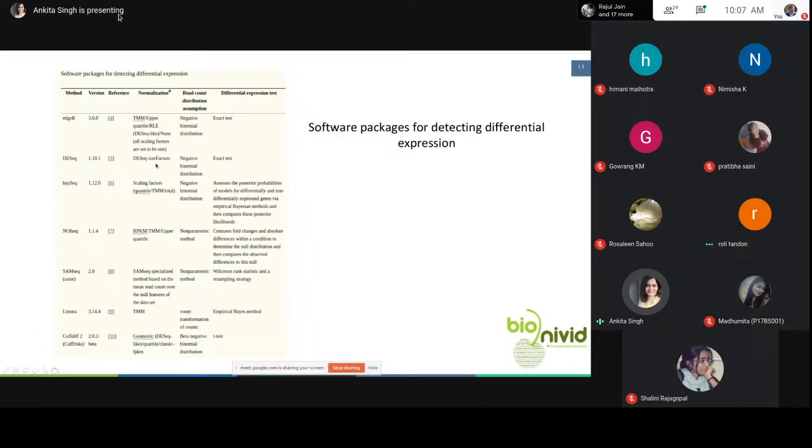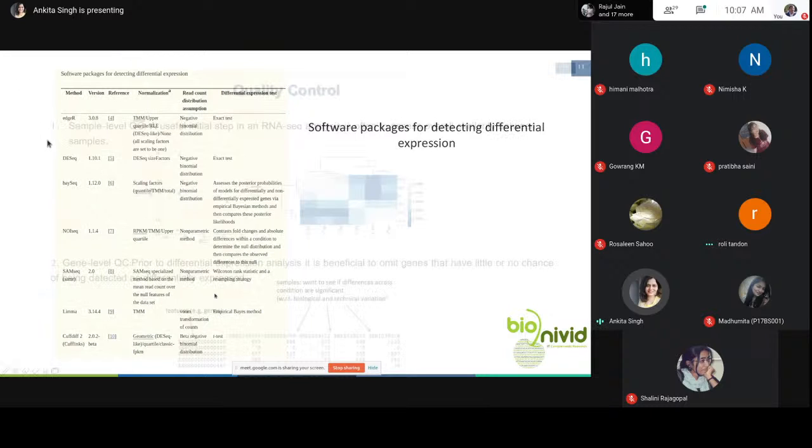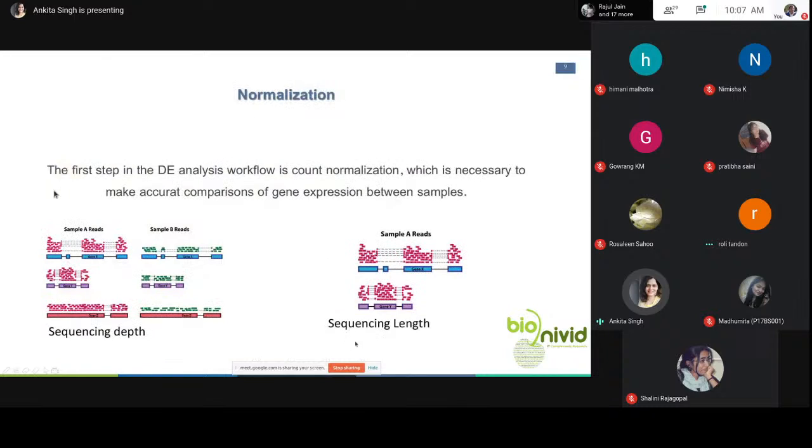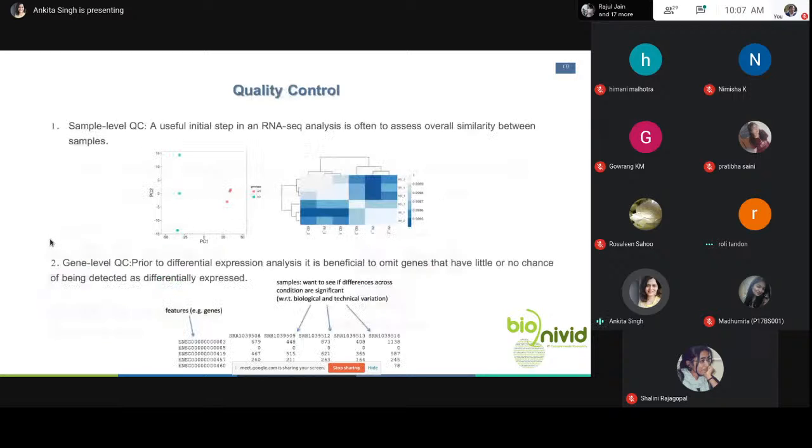These are the different normalization methods used by this software. Normalization here means taking care of sequencing depth and sequencing length, and there is also sequencing composition. Those things you have to take care of.